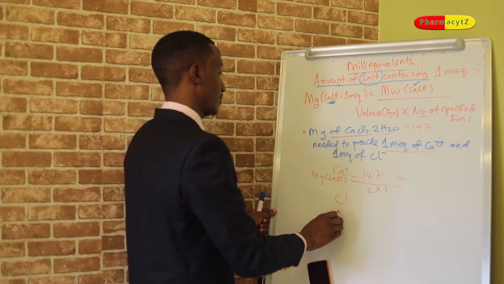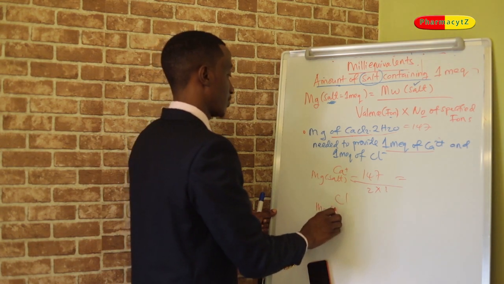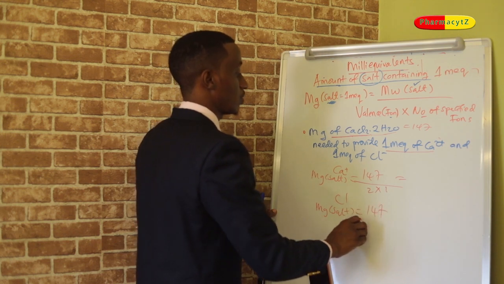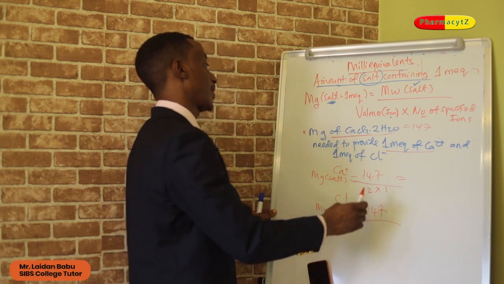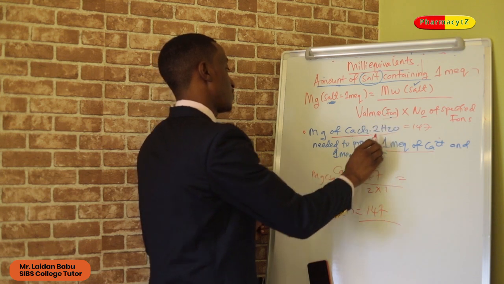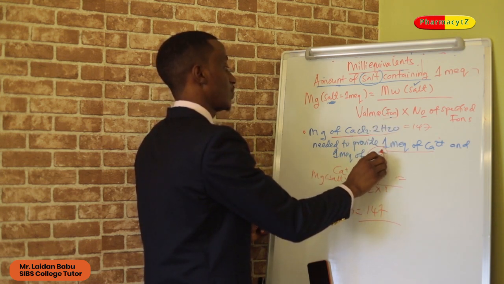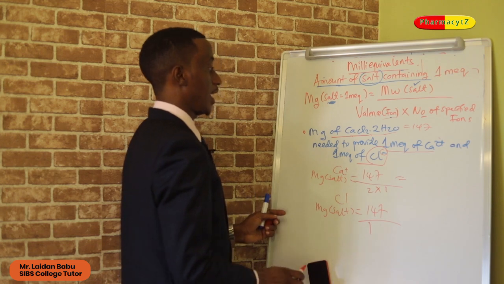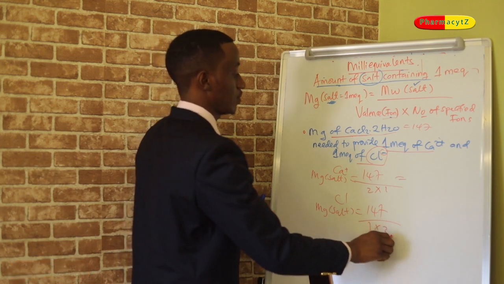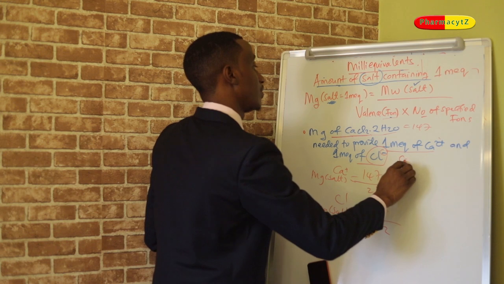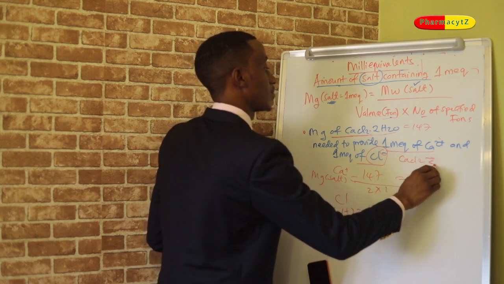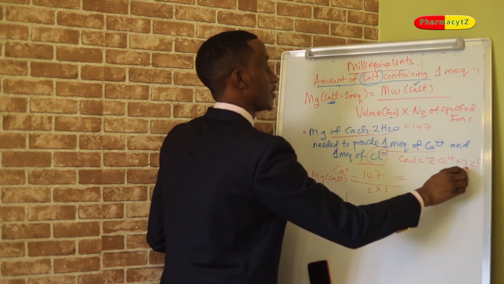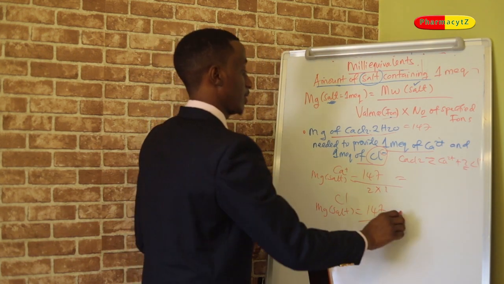Then for chlorine, milligrams of salt equals the molecular weight of the whole salt, divided by the valence of the specified ion, chlorine, which is 1, times the number of specified ions, which is 2. Why? When you dissociate calcium chloride, it gives you calcium plus 2 chlorine, so that is 2 there.